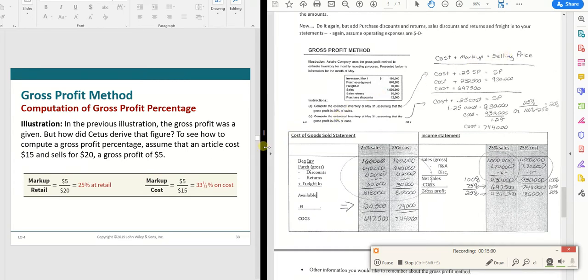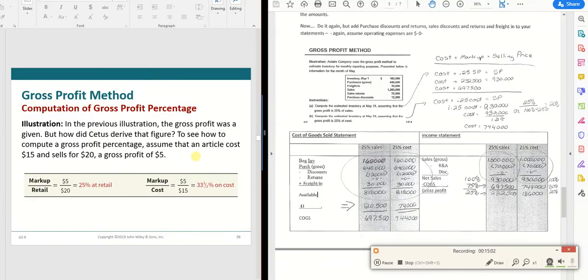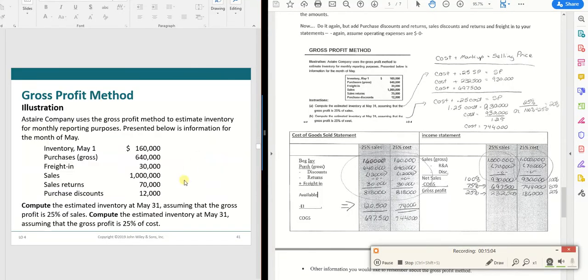Okay, so now this one, which you can't see very good, so I'll go over here. Assuming gross profit is 25% of sales. That's my markup right here, 25% of sales.